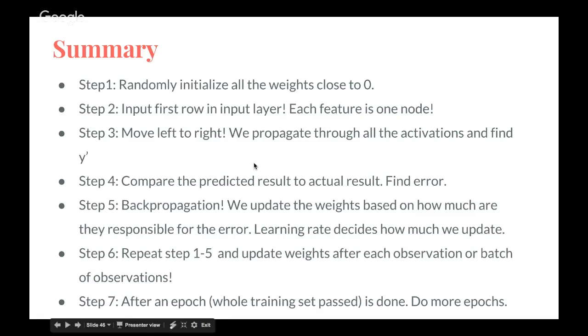And we update the values after each observation or after a batch of observations. Remember, we discussed batch gradient descent and stochastic gradient descent. Whether we should fix the values of weights after every observation or after the entire batch, okay?